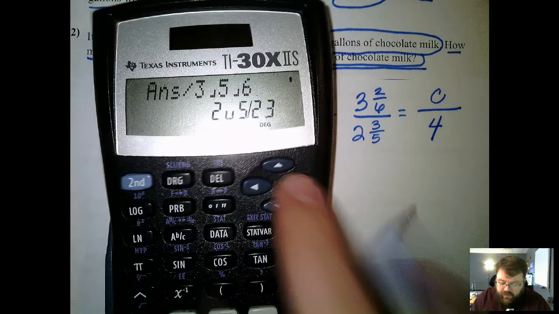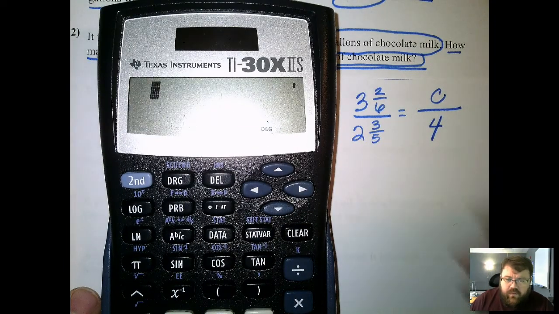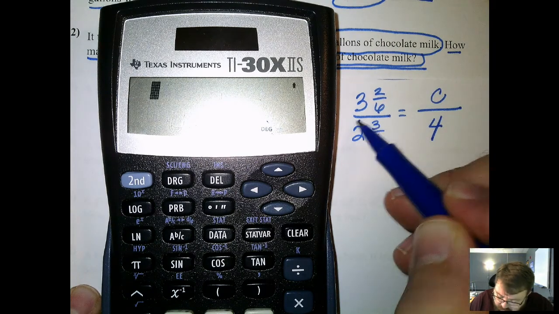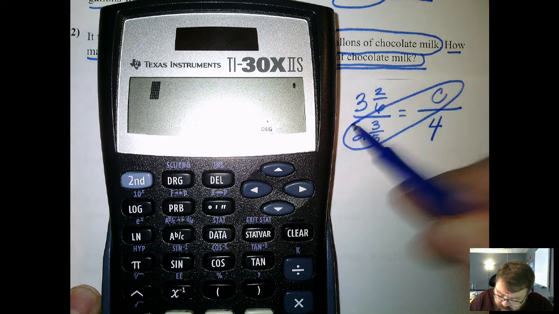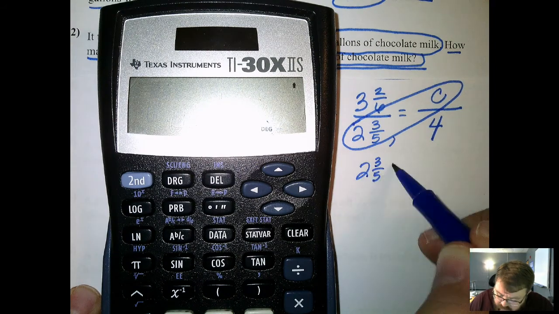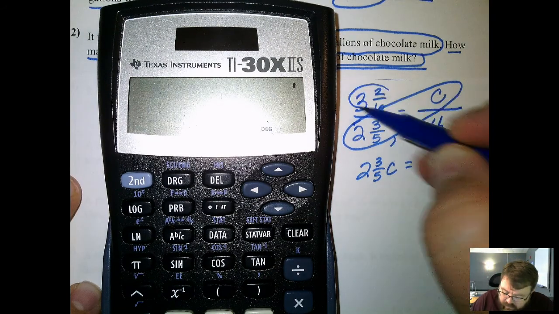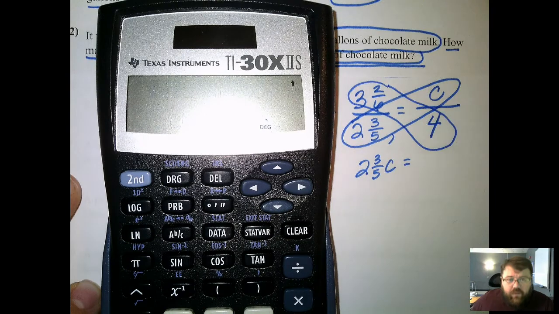Alright, so from here we have 2 3/5 times C, which is 2 3/5 C, is equal to 3 2/6 times 4.